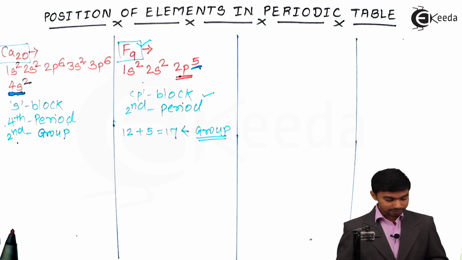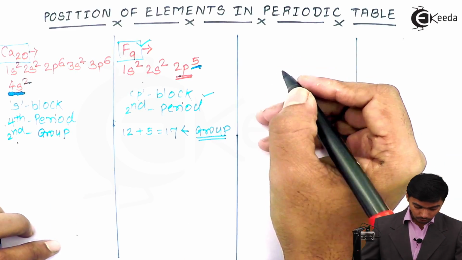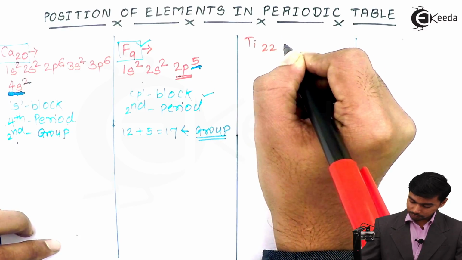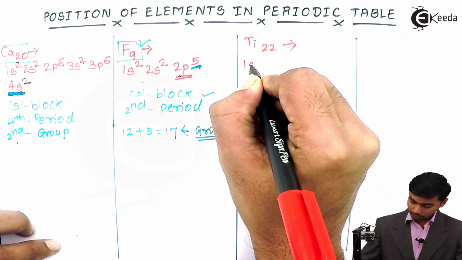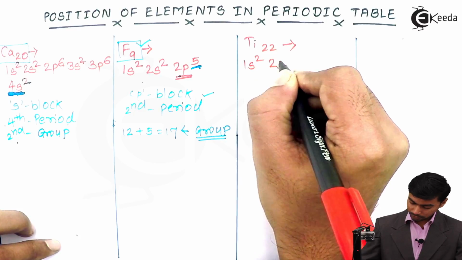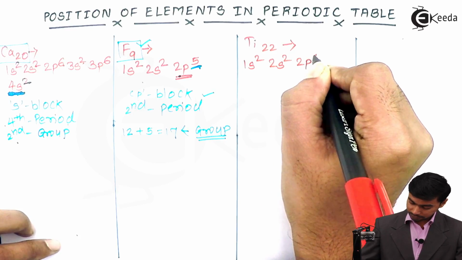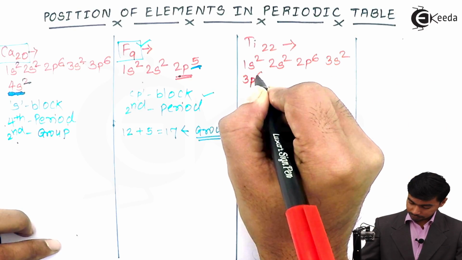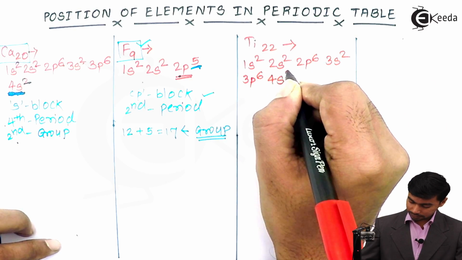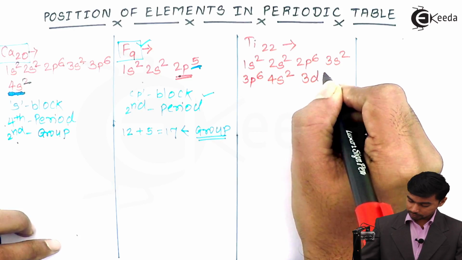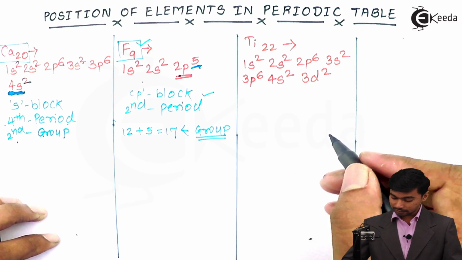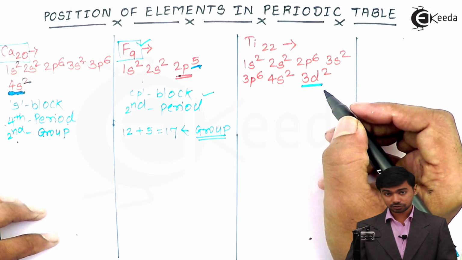Next one. Let us take the example of titanium, having atomic number 22. So 1s2, 2s2, 2p6, 3s2, 3p6, 4s2 and 3d2, in which the valence electron is entering the 3d subshell.